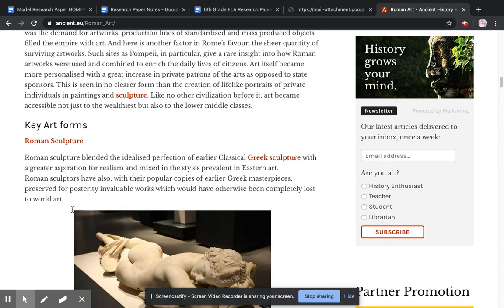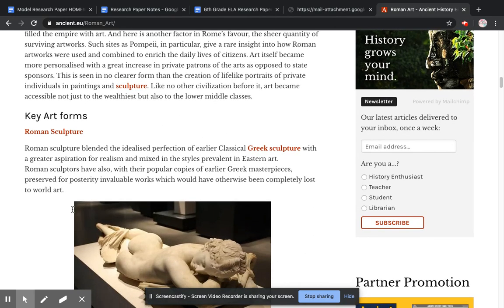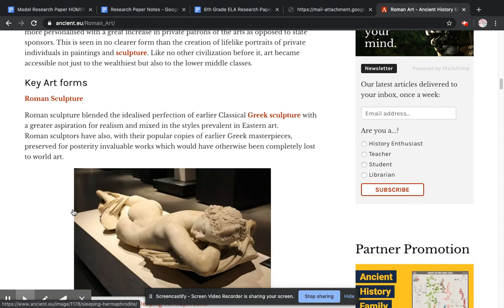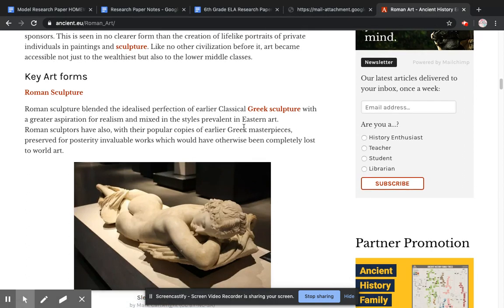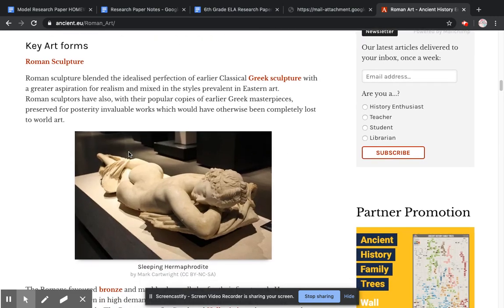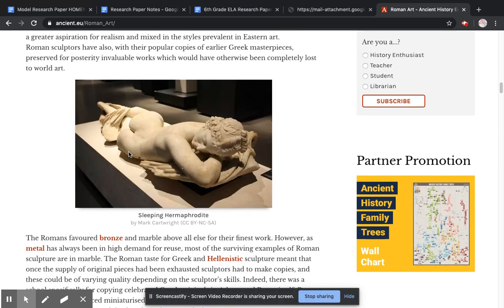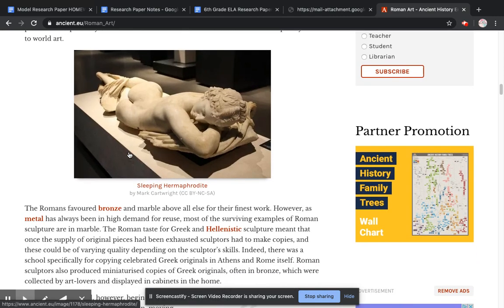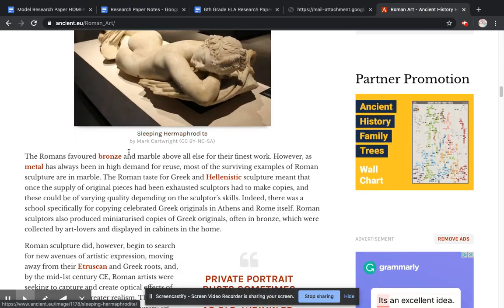So it inspired Greek sculptures. All right. Oh, they were copies of earlier Greek masterpieces. I remember my textbook talking about that and how it was really important, because if not, then we wouldn't have known what the Greeks did, because a lot of it was lost in their wars.